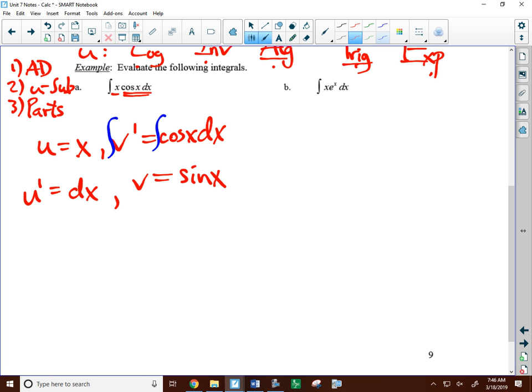Okay, now I just plug these into the formula. Again, I had u and v prime. I needed u prime and v in this formula up here. And now I just plug it in. Let me write it out down here so I don't scroll back up.